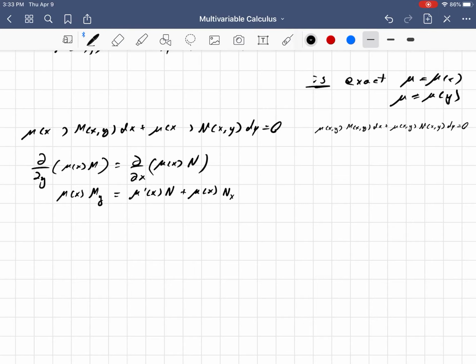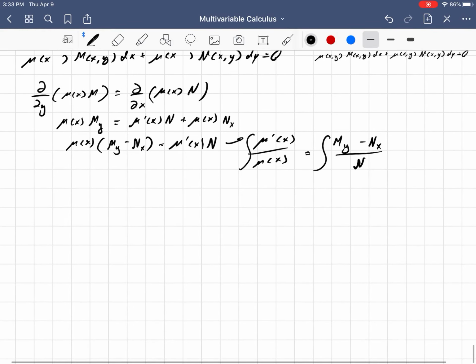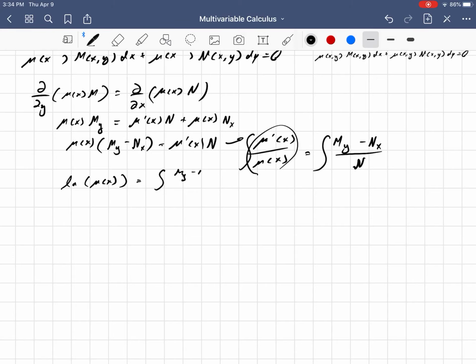And so solving for mu, first of all, mu of x times M sub y minus N sub x is equal to mu prime of x times N. So mu prime of x over mu of x is M sub y minus N sub x over N. And if I integrate both sides, I get that natural log of mu of x is the integral of M sub y minus N sub x over N, since we don't know what this is, so we'll just keep it like that.